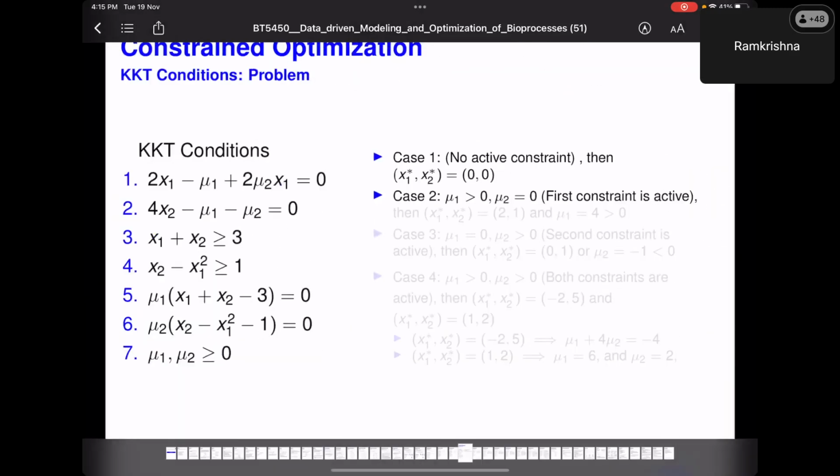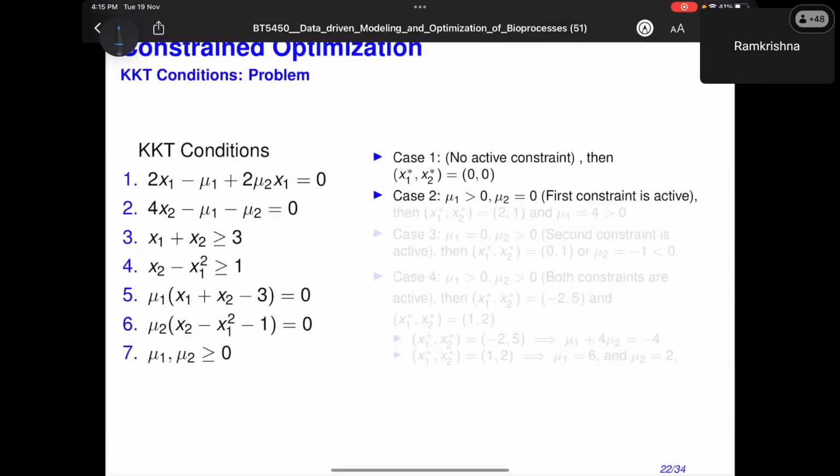Okay, case 2, what I assume that the first constraint is active and the second constraint is inactive, which means that if I'm looking at two constraint sets, let's say the first constraint is something like this, and the second constraint is something like this. Then I'm assuming that the minima is well within this set and at the boundary of the second set.